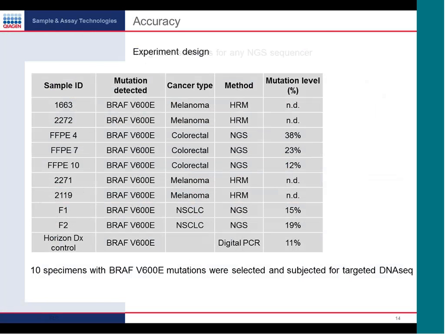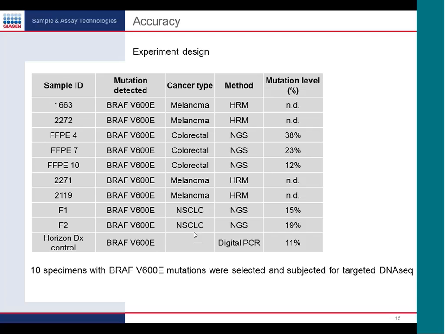So let's look into all these tests one by one, starting with accuracy. To test the accuracy of our panels, we picked the BRAF V600E mutation and selected 10 different clinical specimens from different cancer types, known to have this mutation at different frequency.